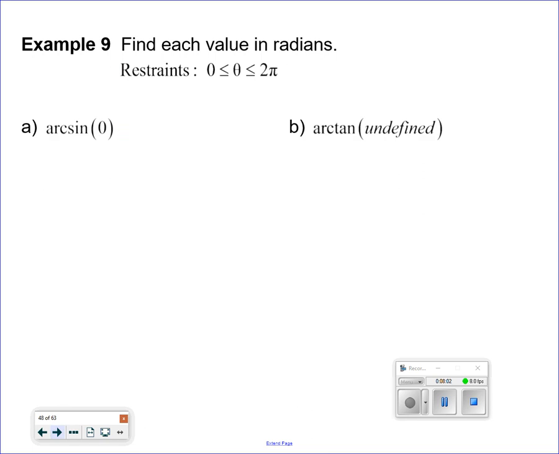Now you're going to get into your quadrantals again. So this gets a little bit more confusing. Anytime you have sine, and we did this on the last video, anytime you have sine that's 0, 1, or -1, it's quadrantal.